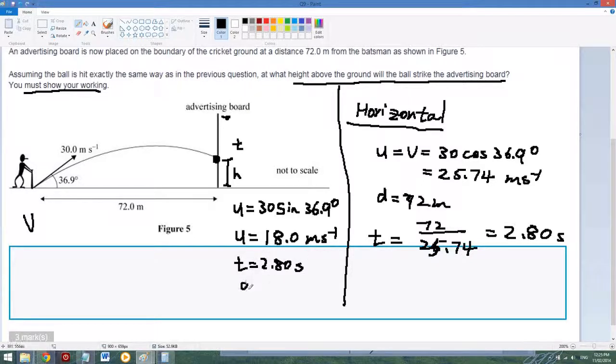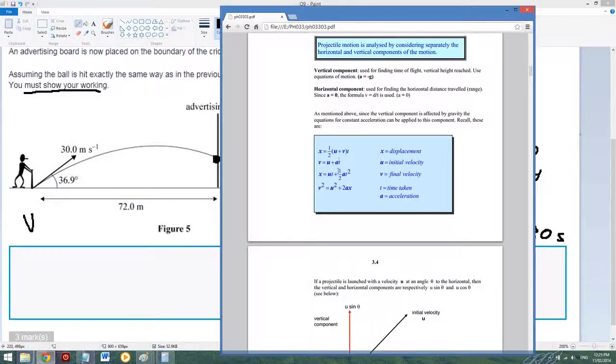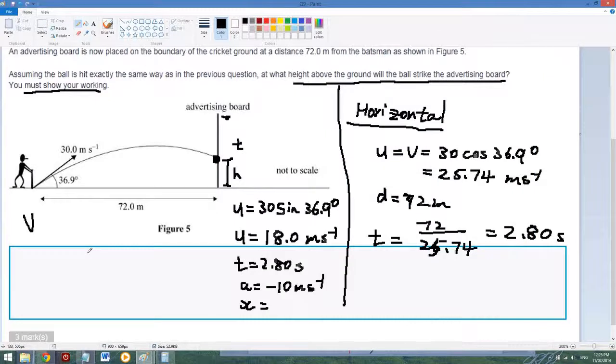Now, the time, we have the time 2.8 seconds. Acceleration will be minus 10. We need to find the displacement it traveled. UTAX. Go to your equations. Yep, this one seems right. X equals to UT plus half AT square.